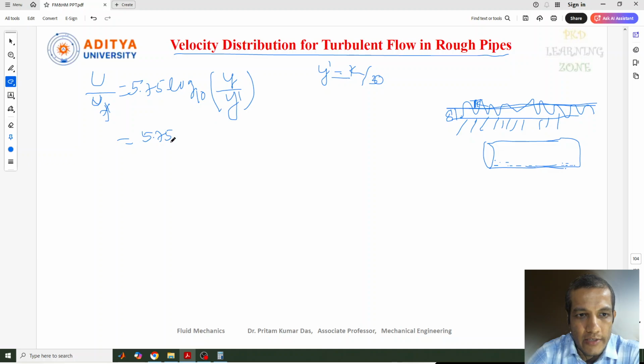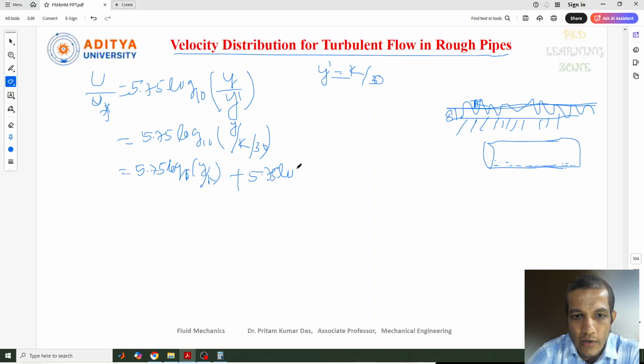So 5.75 log 10 of y by k by 30. Now taking the 30 to the top, the numerator, we can write 5.75 log 10, and here y by k into 30.